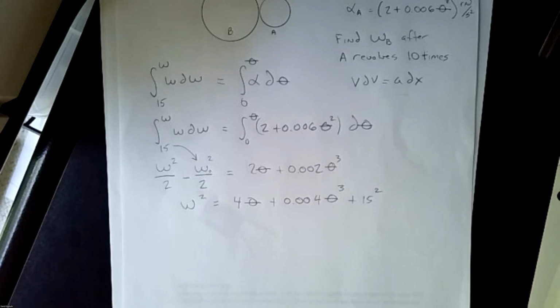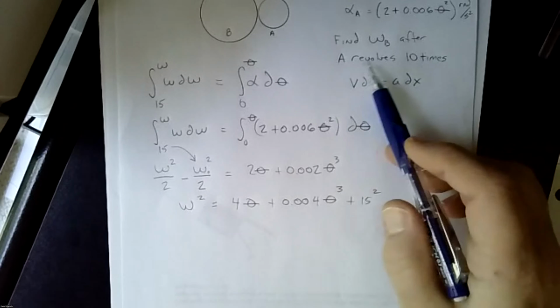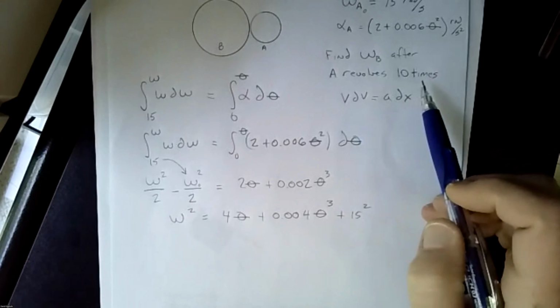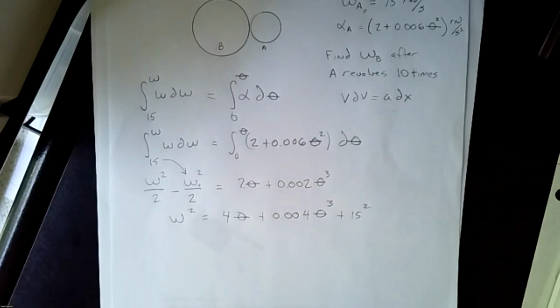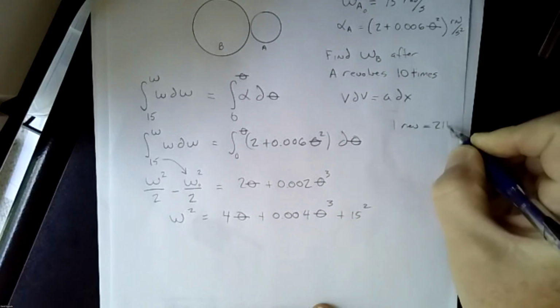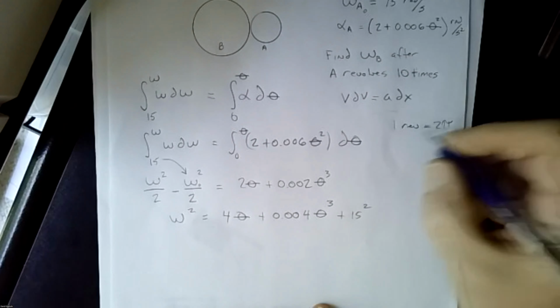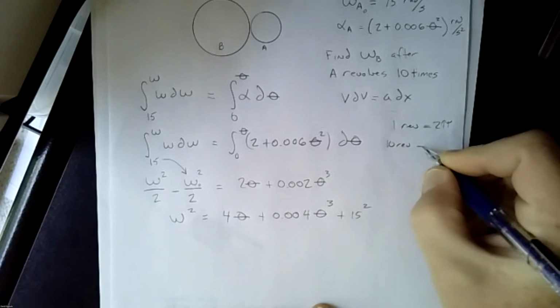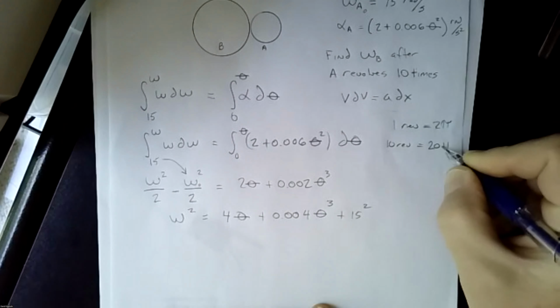So I have that, but it says find omega B after A revolves 10 times. So that's 10 revolutions. Remember, 1 rev equals 2 pi. So 10 revs equals 20 pi.